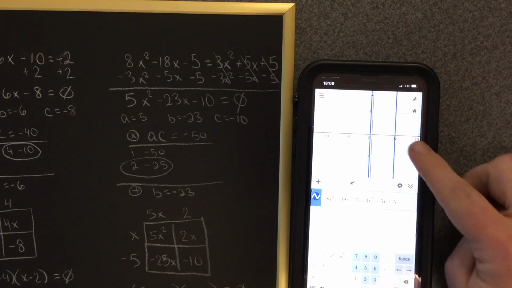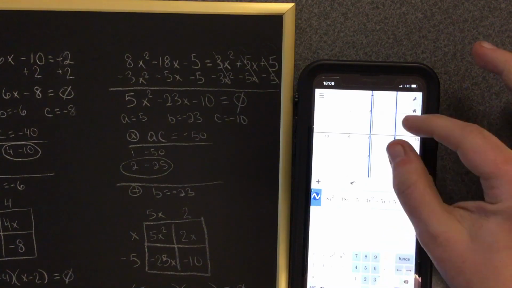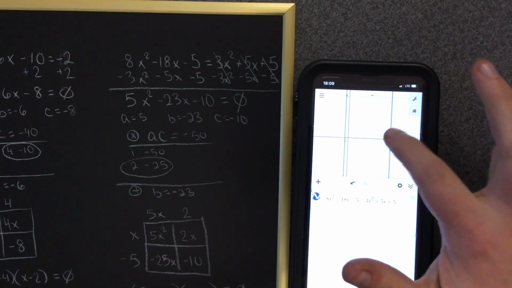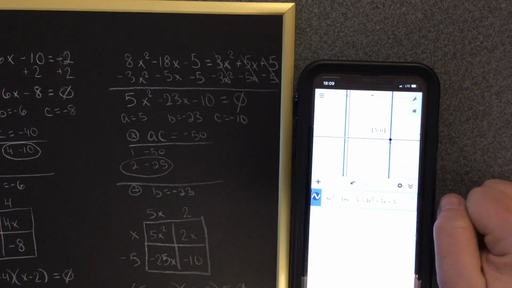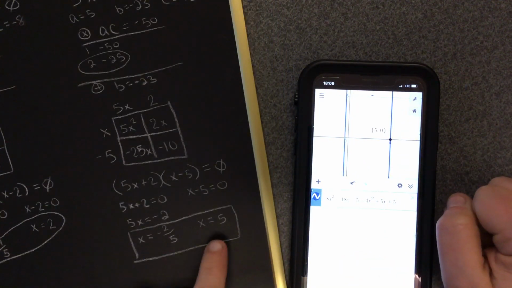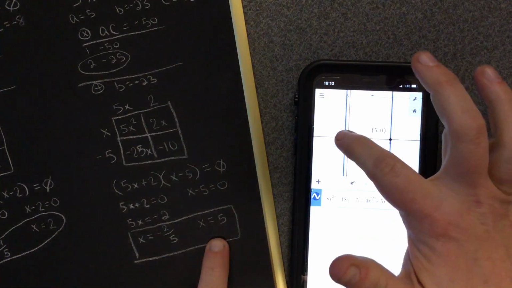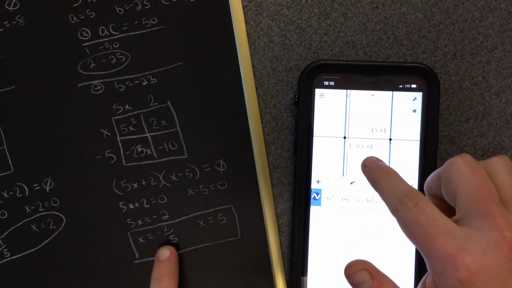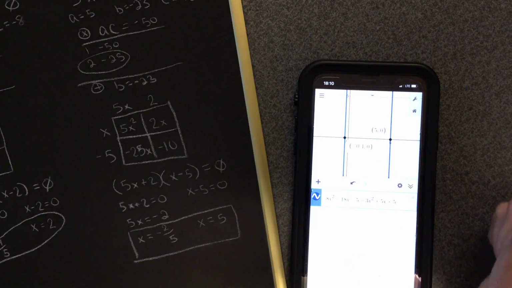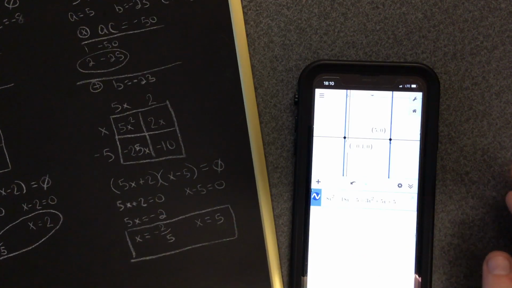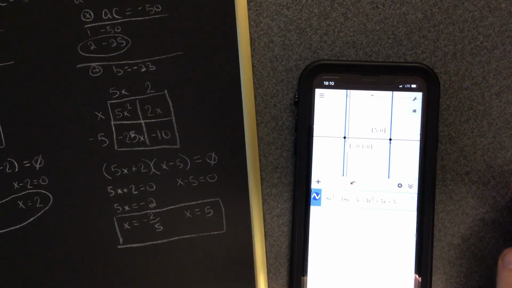As you can see, it's already going to give me these two things. We have 5, which happens to be one of our solutions, and negative 0.4, which happens to be the other solution. So that shows you right there. You can use graphing to solve this pretty quickly.